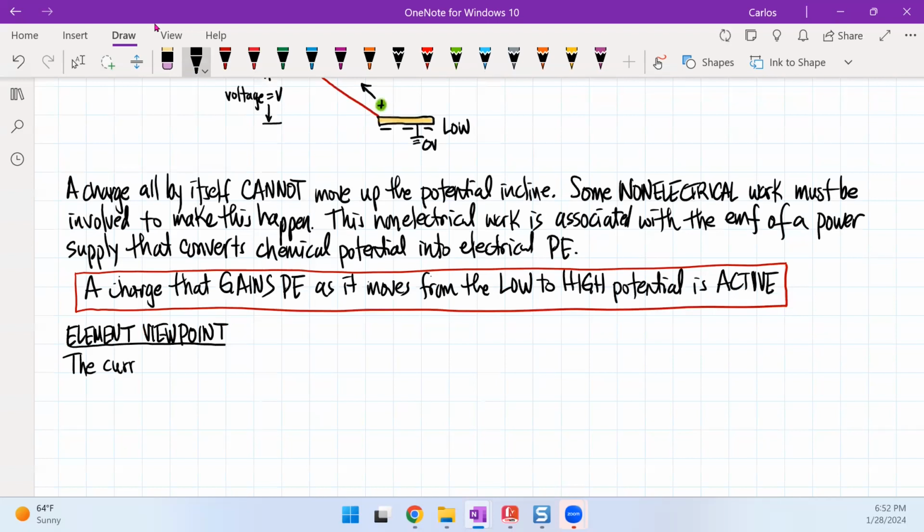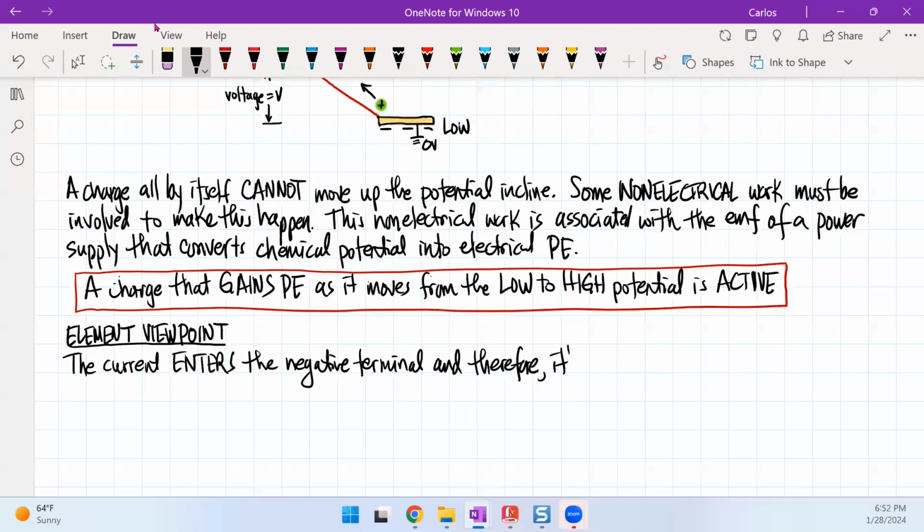The current enters the negative terminal, so the current enters the negative terminal, and therefore its current is negative.